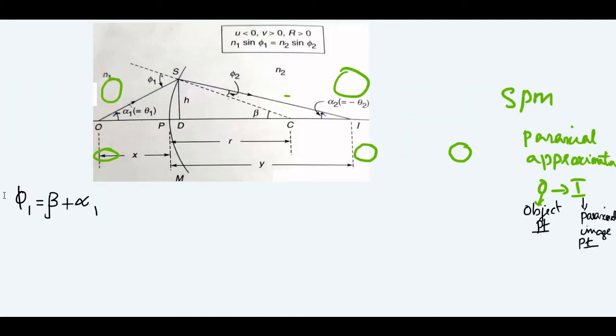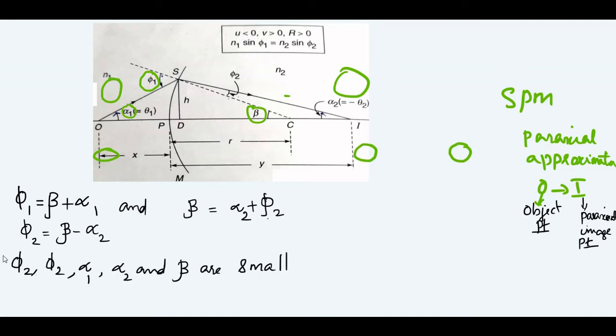In terms of the angles defined in the figure, we have phi 1 equals beta plus alpha 1, that is, exterior angle equals sum of interior angles. Beta equals alpha 2 plus phi 2, and from that phi 2 equals beta minus alpha 2.